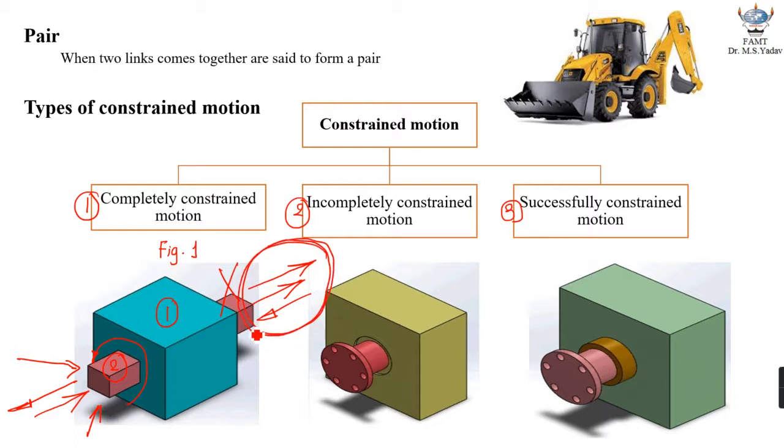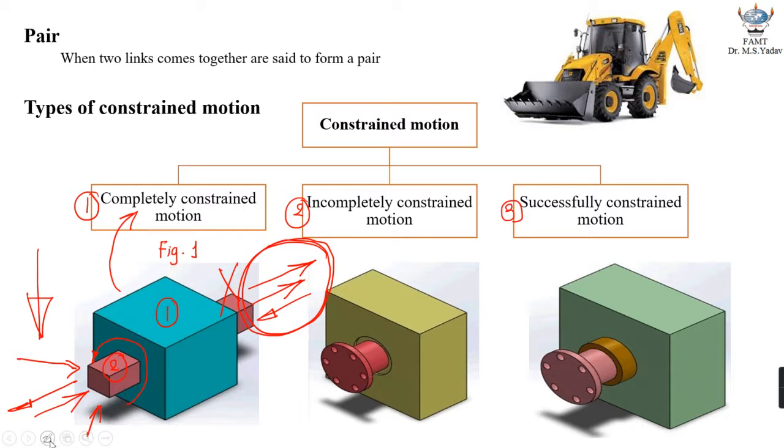So it can take place only in one direction irrespective of the direction in which force is applied. I am trying to apply forces in different directions, but it is giving you only one motion. In this situation, this type of motion is typically called completely constrained motion.